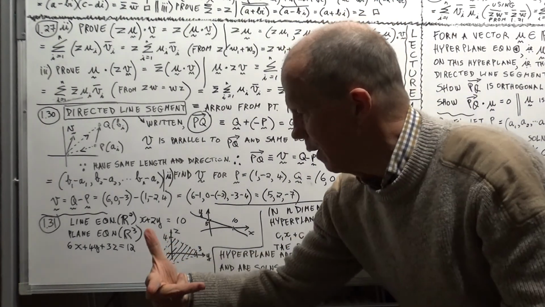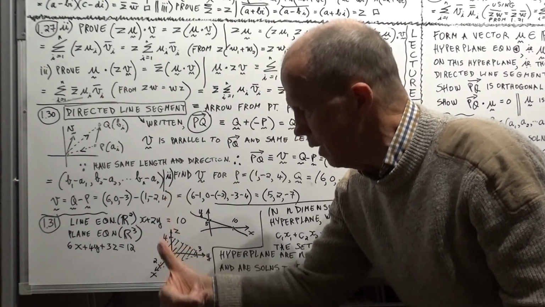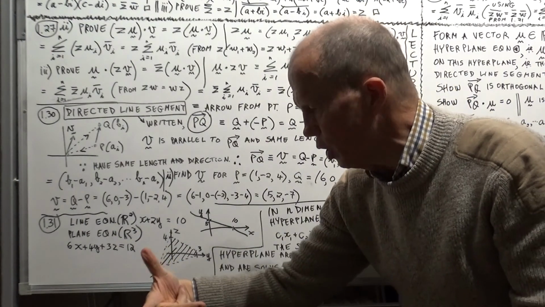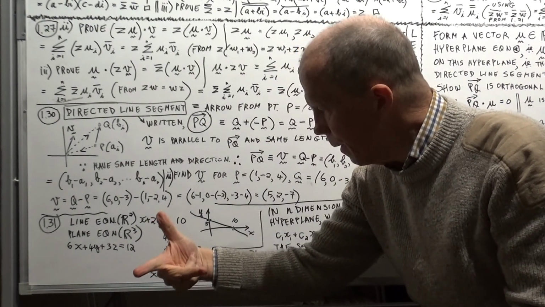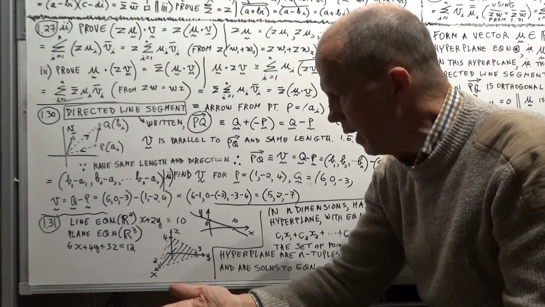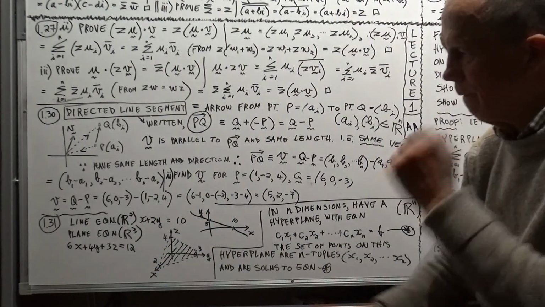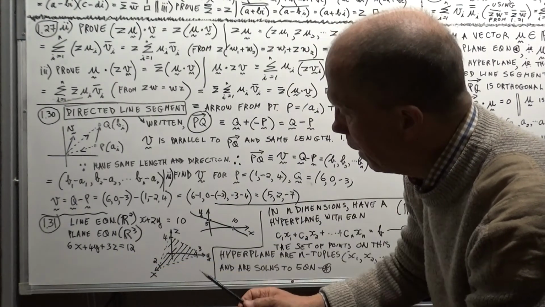So z-axis, x-axis, y-axis. Here's your coordinate frame, and the plane is sort of like that. So this is the equation of your plane.